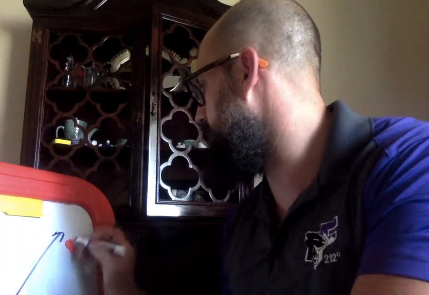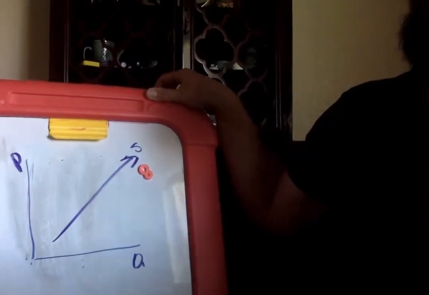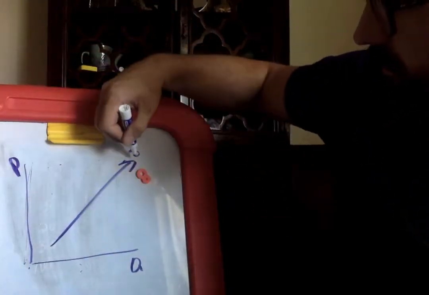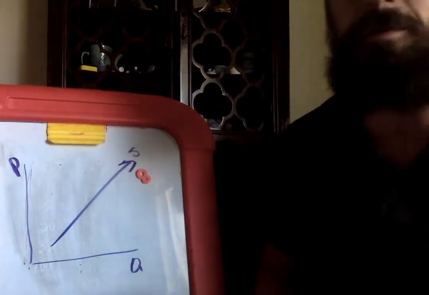So you have price and quantity on your axes, and then an upward sloping curve. Make sure that you're always labeling your curves. So we have price, quantity, and then your supply curve. Again, as price goes up, your quantity is going to go up as well. And our babysitting supply schedule would be represented in that curve too.